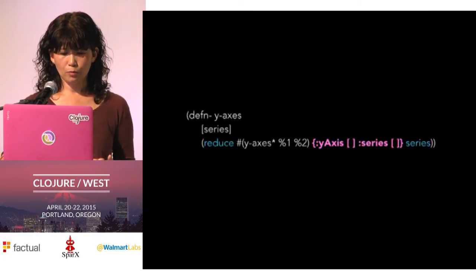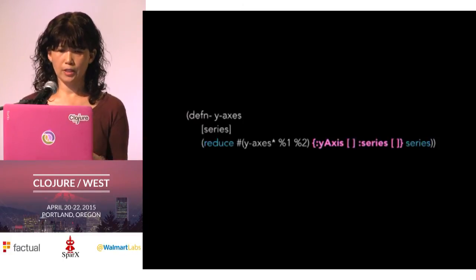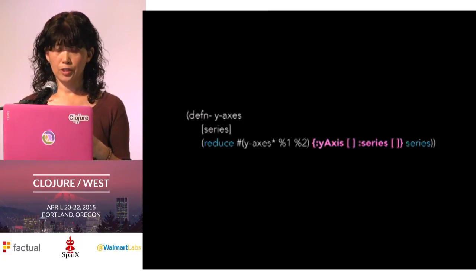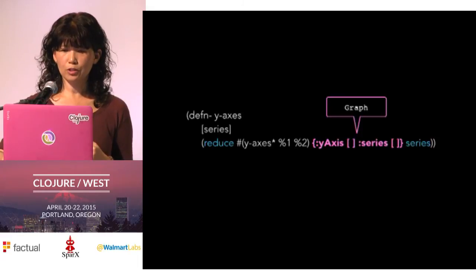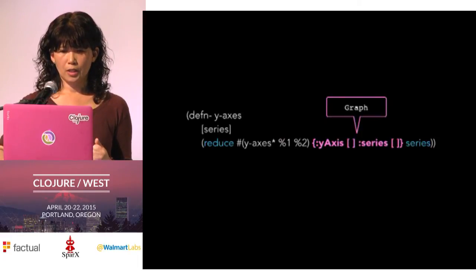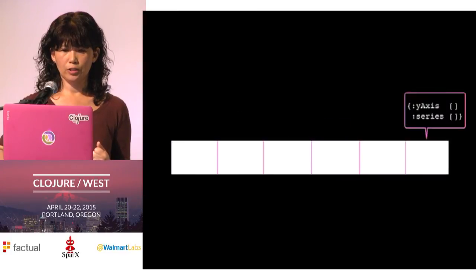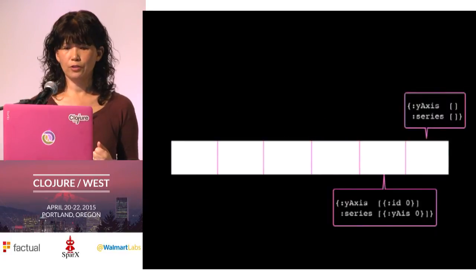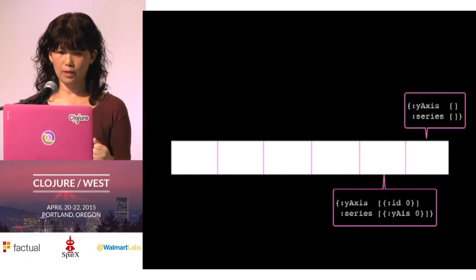And to compute all y-axes, we have to iterate each data in series. So we start with empty vectors for y-axis and series. That's our initial state. And the first thing, you just push the line, and then the y-axis associated with that line.